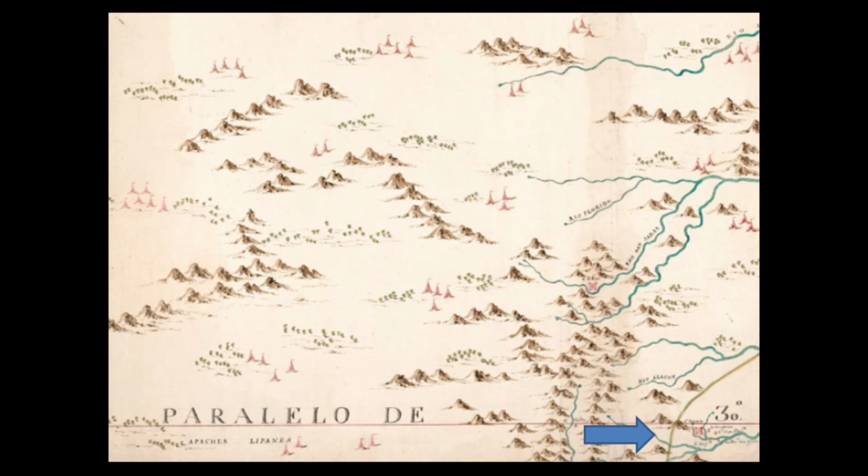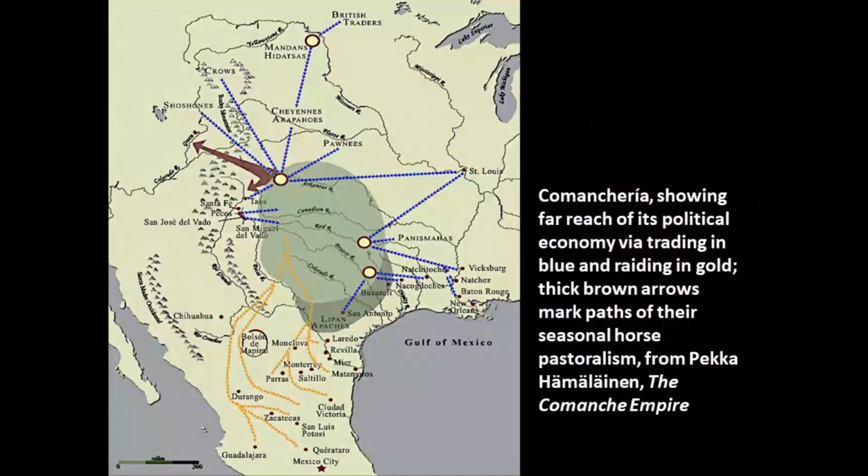So if the Apaches aren't worried about the Spanish, and they're not allying with the Spanish, who are they thinking about? And what they're thinking about are Comanches to the north that I just mentioned, right? And again, for both the Comanches and Apaches, raiding is a growth strategy, it's a form of territorial expansion, and so it is geopolitical.